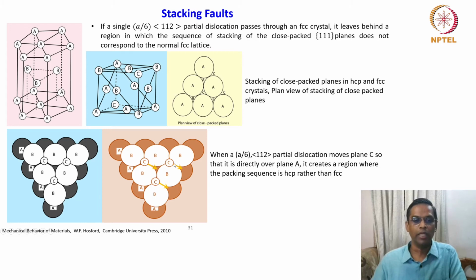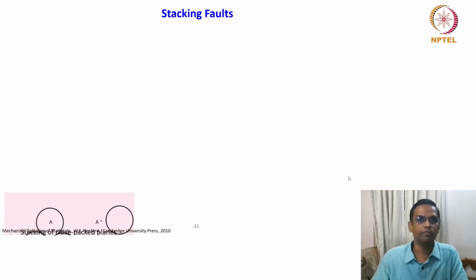And from that, it tries to move to that inverted triangle void position. I'm just giving the description of the void to indicate the position of the atom. So if it tries to move from this position to this position, then it also creates a packing sequence change. That is, it creates a region where the packing sequence is HCP rather than FCC. So this is another problem.